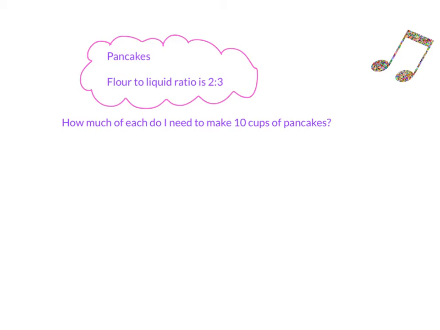Now if I want 10 cups of pancakes, what do I need to do? Well, for every 2 cups of flour I need 3 cups of liquid, so 5 cups altogether. I actually want to have 10 cups in total, so I'm going to have to double everything, aren't I? I need twice as much of that recipe.